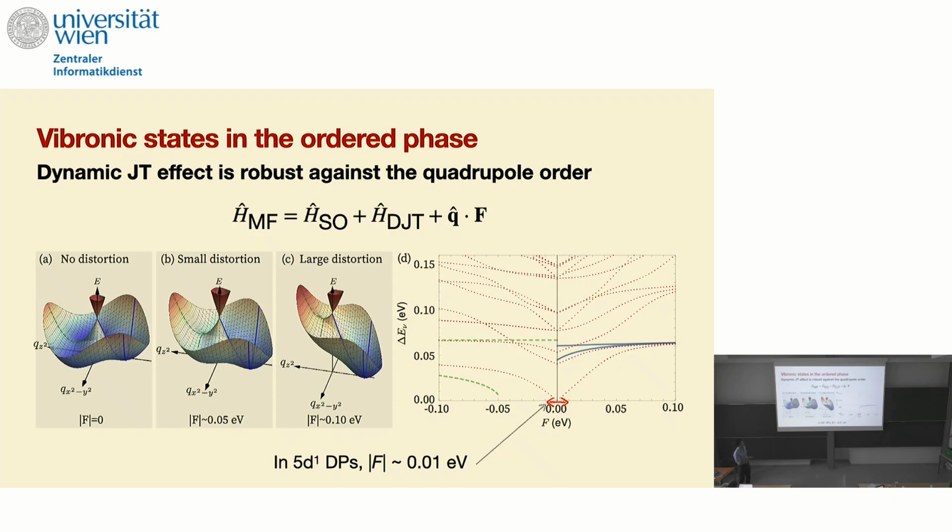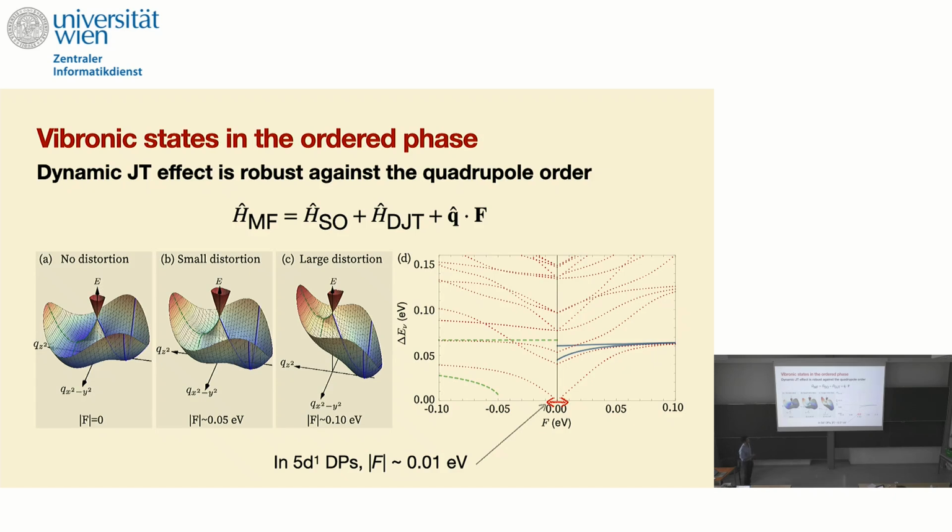And this blue or green dashed line indicates the classical limit. The calculated spectra reach the classical limit when the external field is like 0.1 electron volt. But from the experimental data, we can estimate the magnitude of the external field should be like 0.01 electron volt, 10 times smaller. And what happens if the vibronic state doesn't change much?